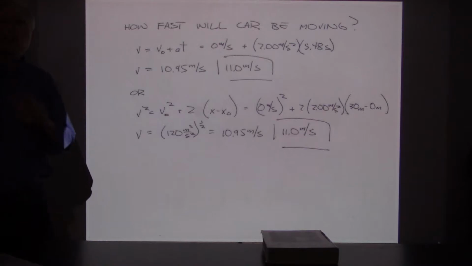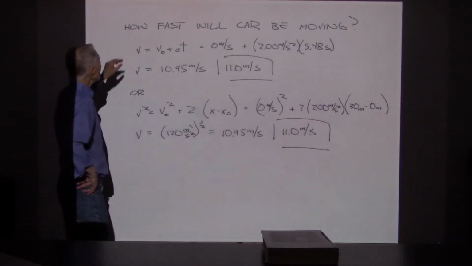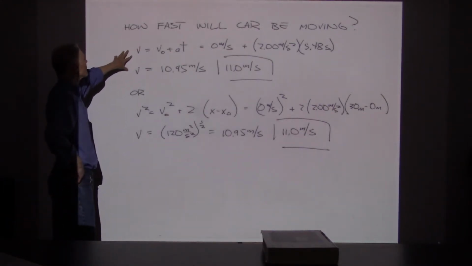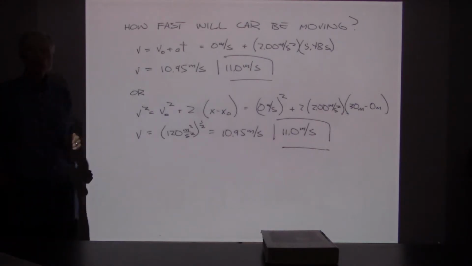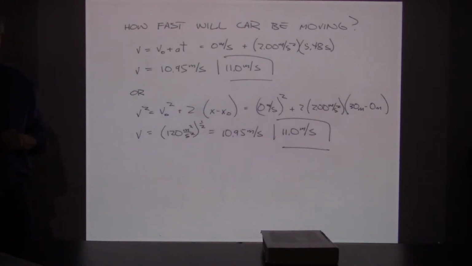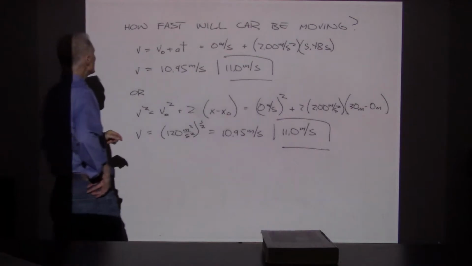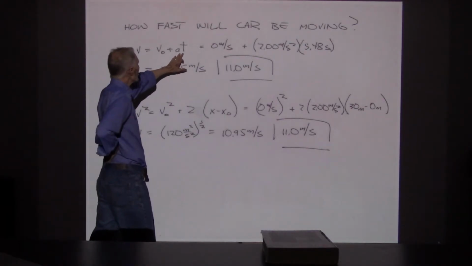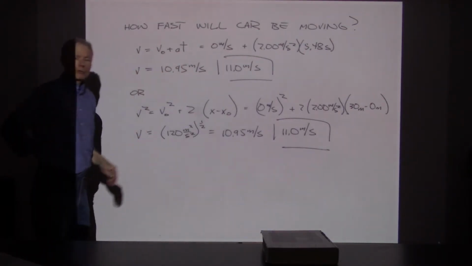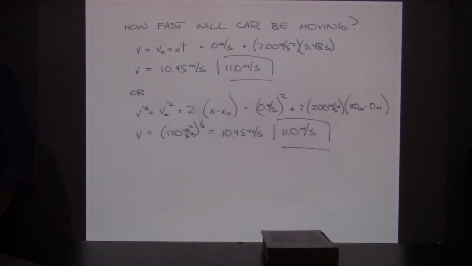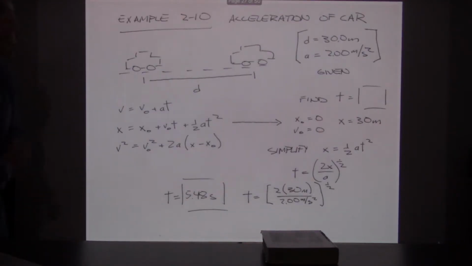Now I want to ask a couple more questions. How fast then will the car be moving once it has traveled the 30 meters? So what we can do now, now that I know the time, is come back and use the other equations. I just want to practice the other equations.